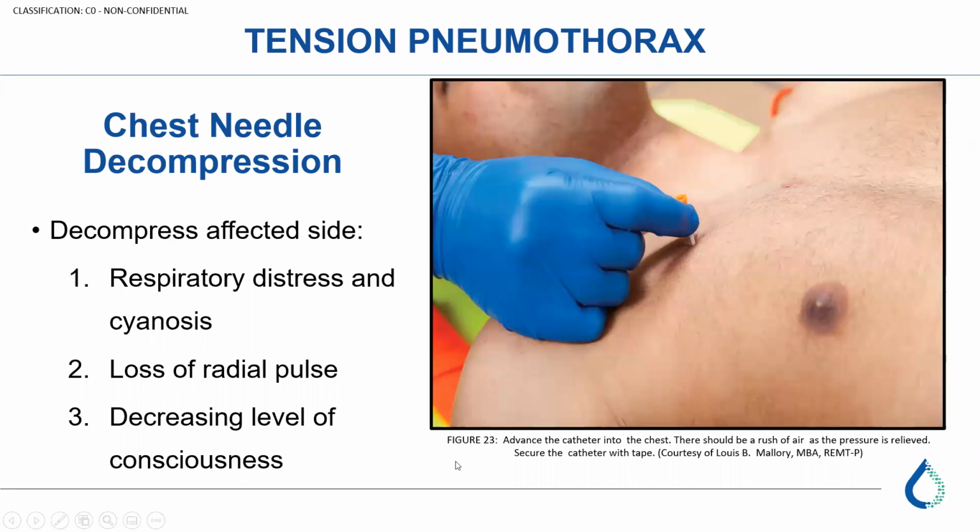So chest needle decompression, what is the life-saving intervention for tension pneumothorax? Decreased or absent breath sounds is not an indication for chest needle decompression. I say again, decreased or absent breath sounds is not an indication for chest needle decompression for patients suffering from tension pneumothorax.